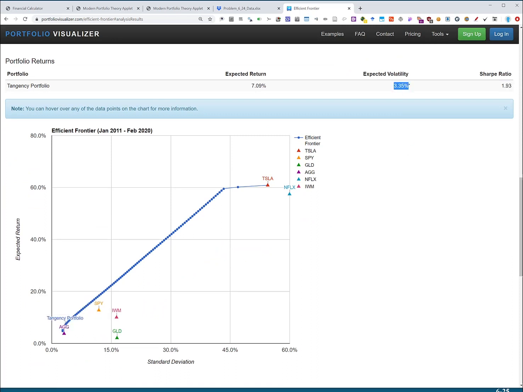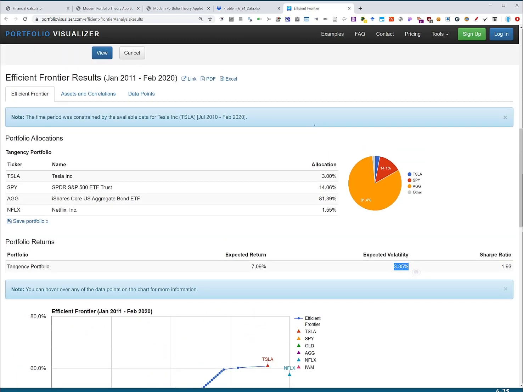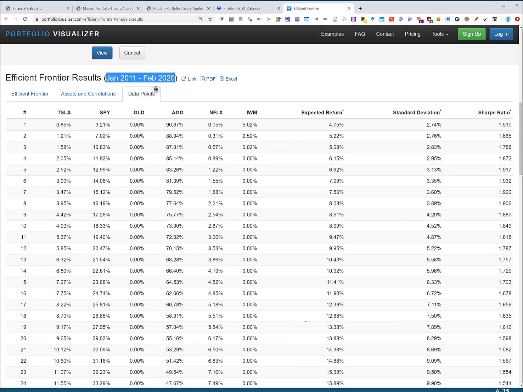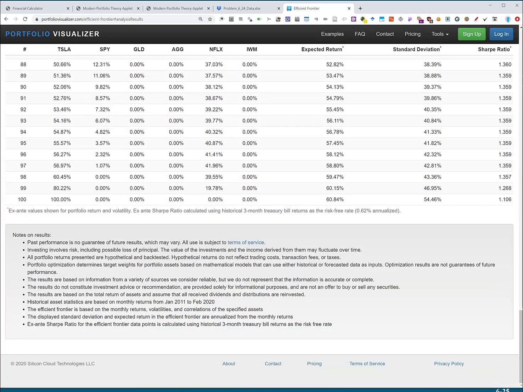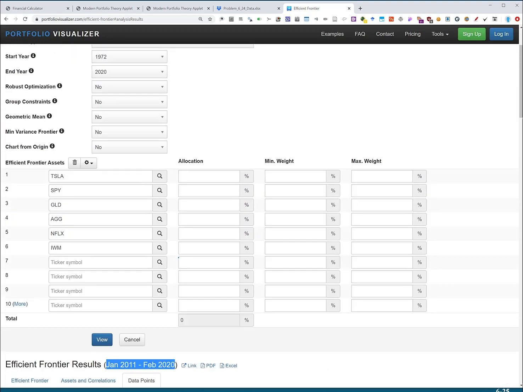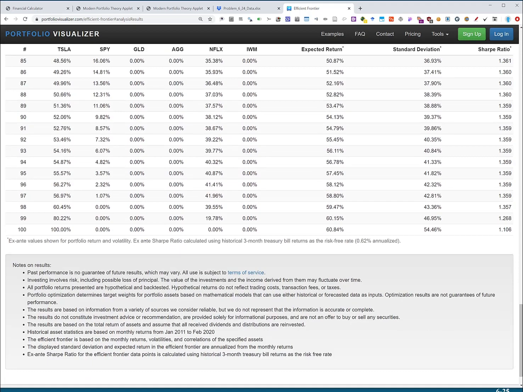Expected volatility 3.35%. I think it's monthly. We've got our monthly data, you can actually check that. Yeah, it has to be monthly because I have about 100 points.